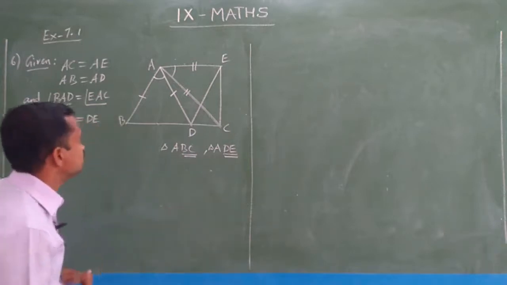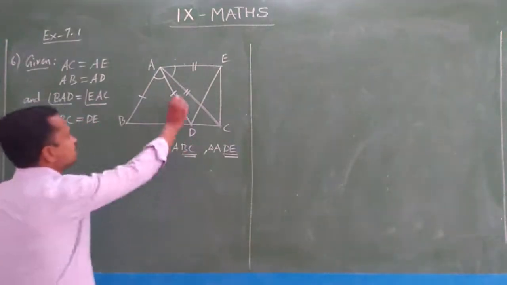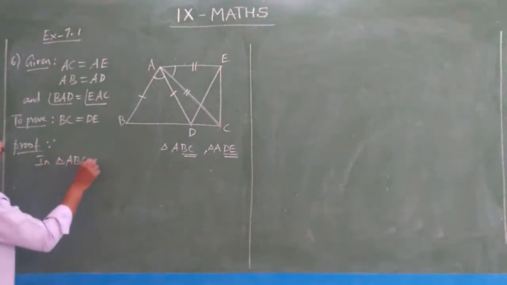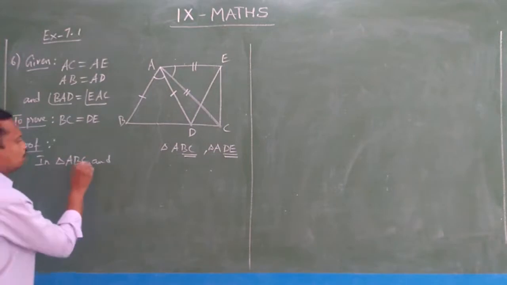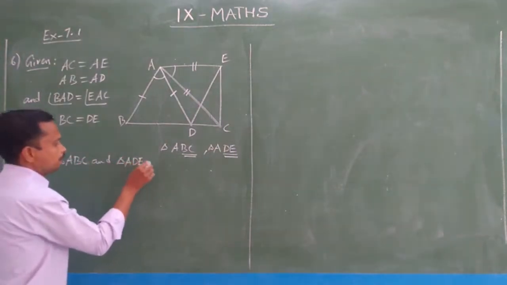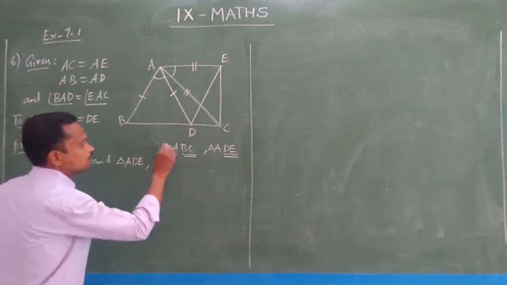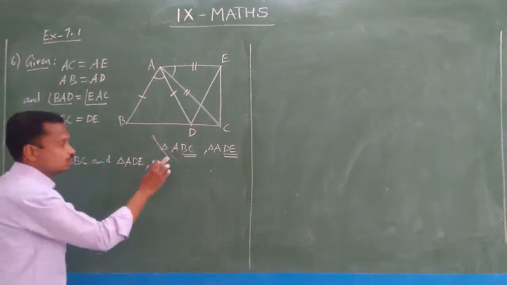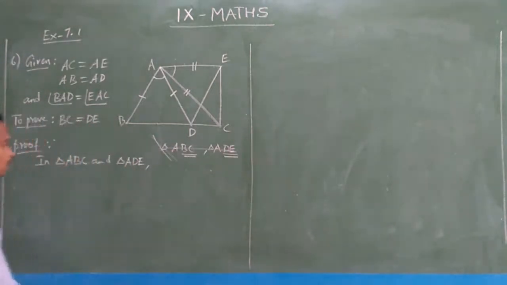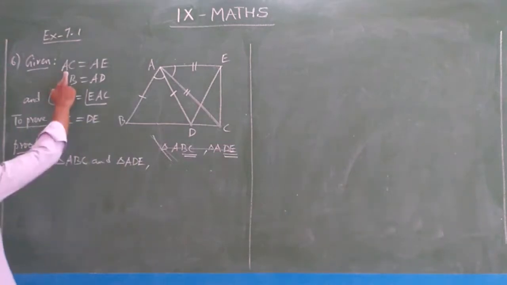So for that, what we need: in triangle ABC and triangle ADE. This is just written for your understanding, no need to write this. Now in these two triangles, what are the things we can collect? You see, AC is equal to AE.